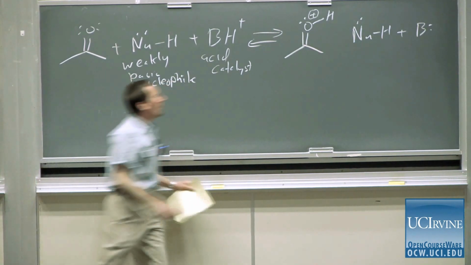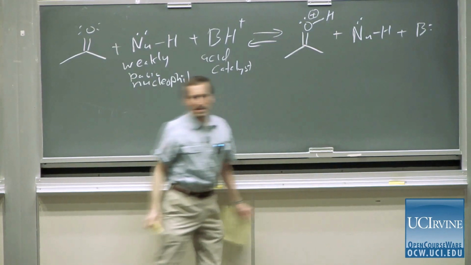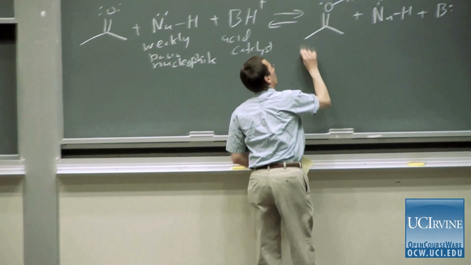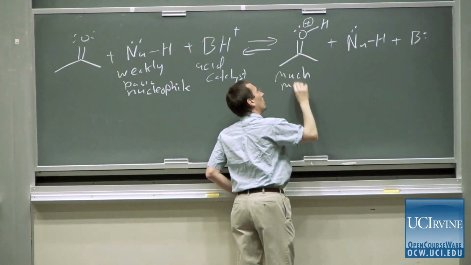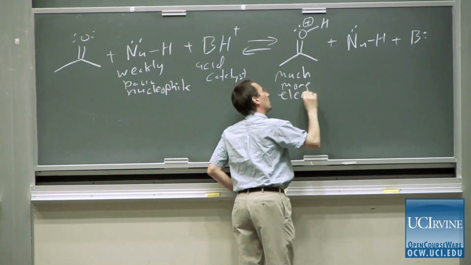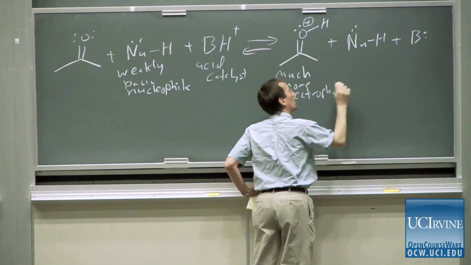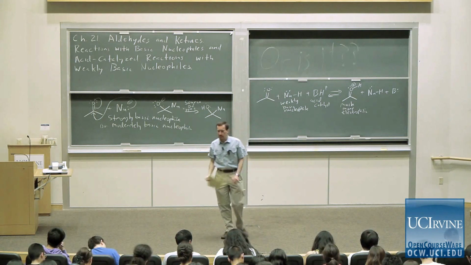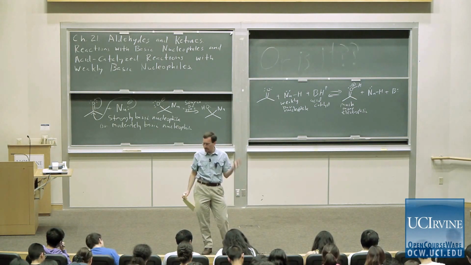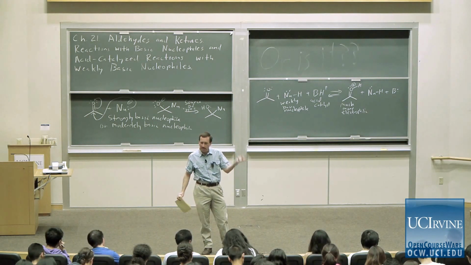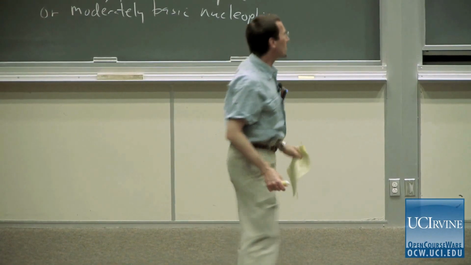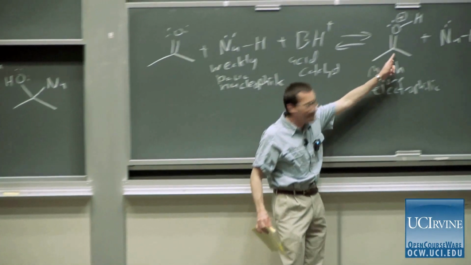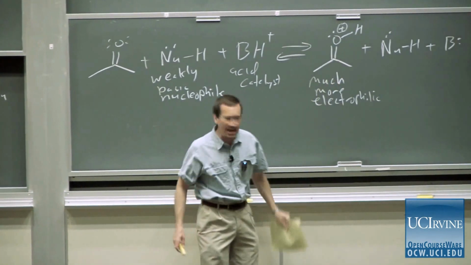All right, at this point, now your carbonyl is a lot more electrophilic. Remember, something that's electrophilic wants electrons. In general, if you've got a positive charge, it's going to want electrons all the more. And so now your weakly basic nucleophile says, wow, this guy really, really wants me. I'm going to share my electrons.